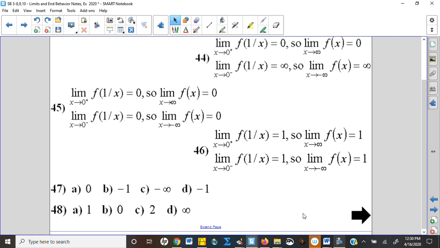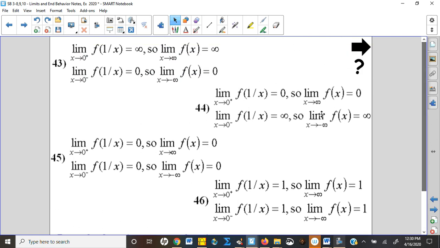Hopefully that does pay off for you, though. If you're done, then go ahead and you can cash out. But if you do want a little more information on 43 through 46, I'll give you an extra 5 minutes right now.